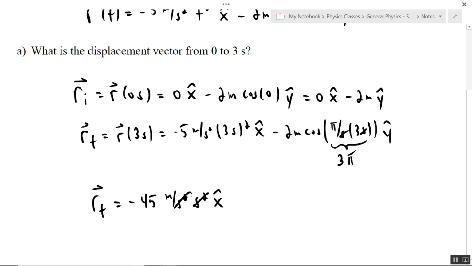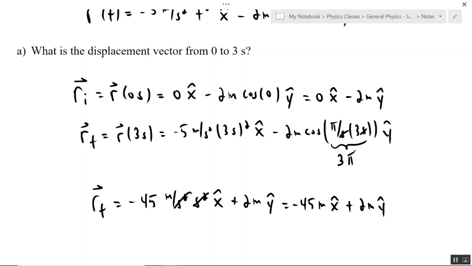This is what it should be. Oh, sorry, y hat. So you get minus 45 meters x hat plus 2 meters y hat, right? So this is the final position of the object. The x-coordinate is negative 45 meters, and the y-coordinate is plus 2 meters. That's what that tells you.